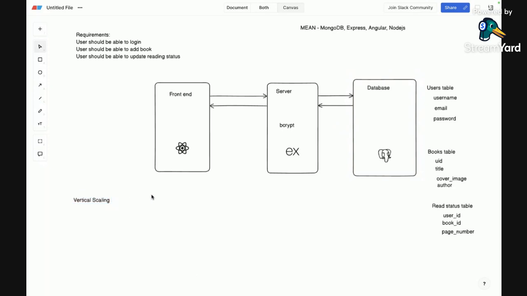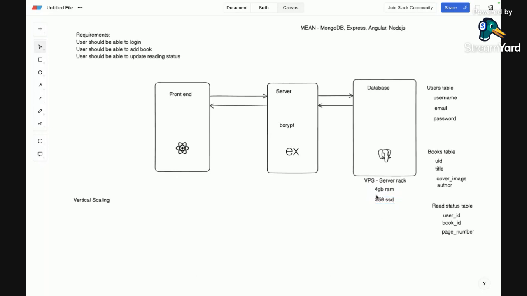With vertical scaling, your VPS or your server rack basically has 4 GB RAM and 500 or 250 SSD.